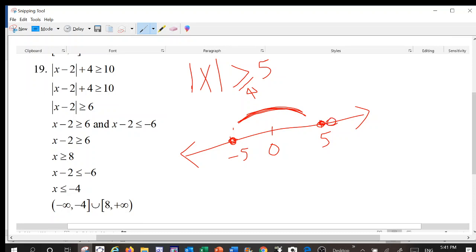So that means all the numbers over here and all the numbers over here would work for us. So to solve an inequality like this, we have to say x has to be greater than 5, or, not and, but or x has to be less than negative 5, right?